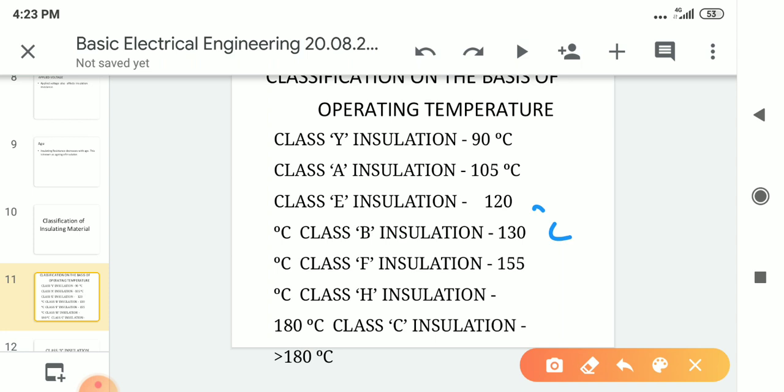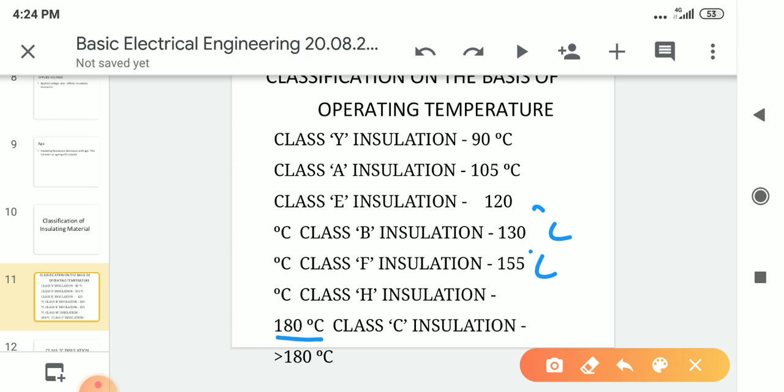Okay. After that, class F insulation material. Class F insulation material is 155 degrees centigrade. Mica, polyester, epoxide varnishes and other varnishes with high heat resistance are the examples for this. After that, class H. Its maximum working temperature is 180 degrees centigrade.